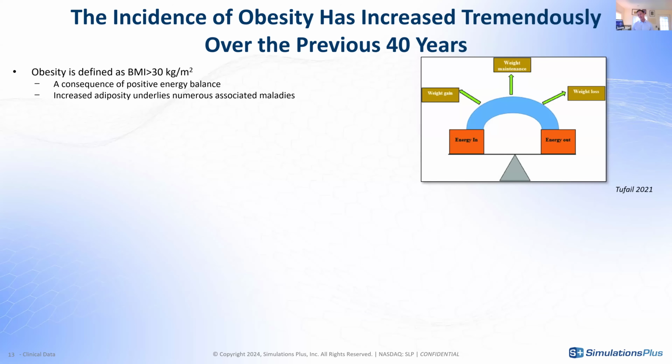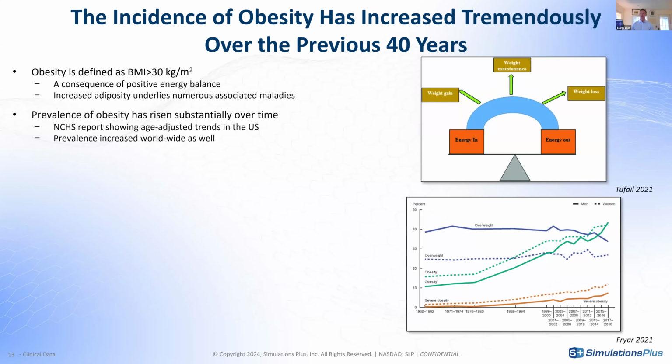Along with that increased adiposity, in that positive calorie balance scenario, it drives a number of associated maladies, and you'll see many of them listed in a subsequent slide. So this is an important area for us, in understanding not only how it's happening, but also the prevalence, looking at it from a population point of view.